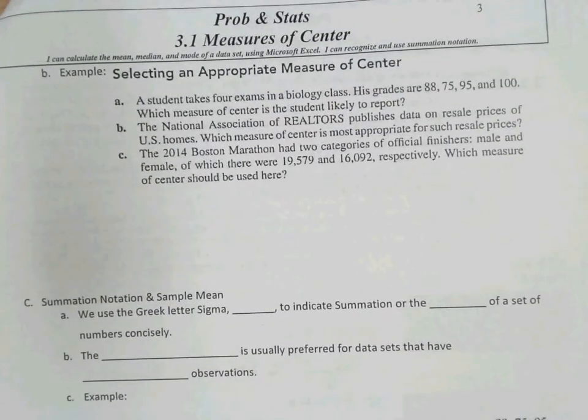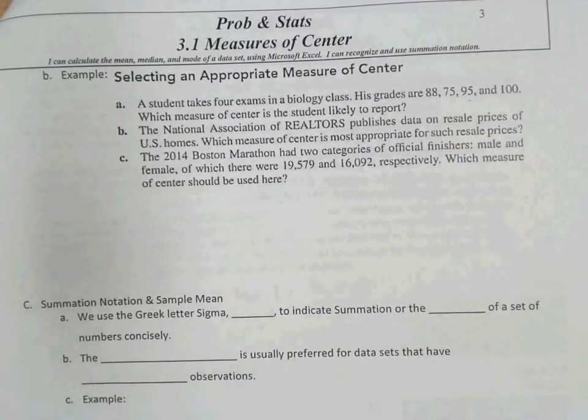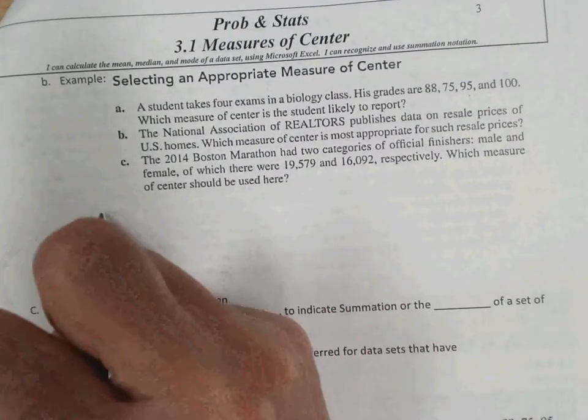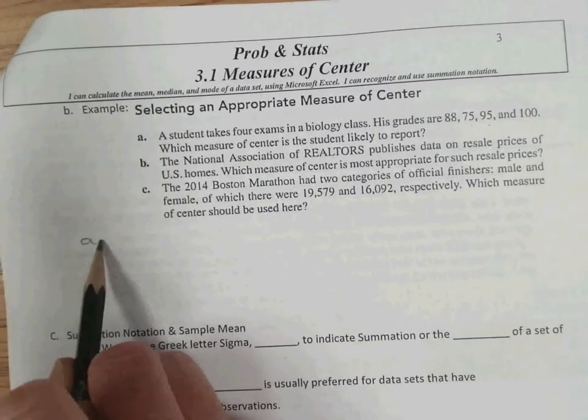So for example, selecting an appropriate measure of center. A, a student takes 4 exams in biology class. His grades are 88, 75, 95, and 100. Which measure of center is the student likely to report? Very practical for our school situation. What would we report?